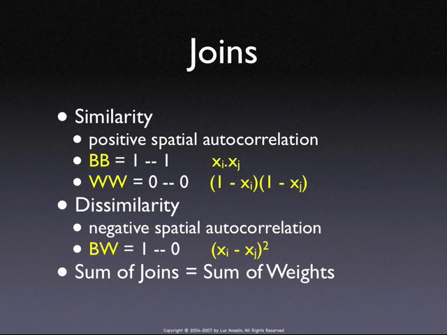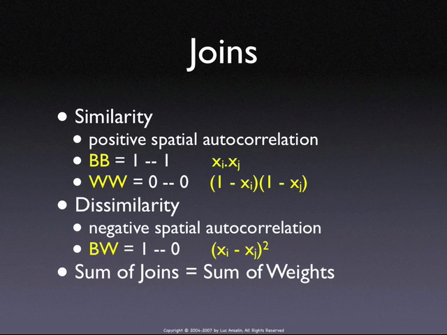we distinguish between three situations. As I mentioned, two of these are positive autocorrelation, presence-presence, or BB as it's called in the literature, black-black, or absence-absence, WW. Of course, what you call presence or absence is up to you. These are categorical variables with two categories. It doesn't have to be presence or absence.